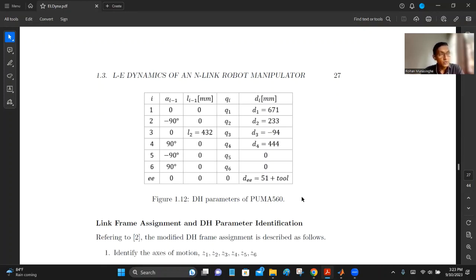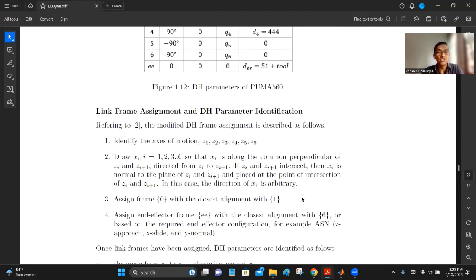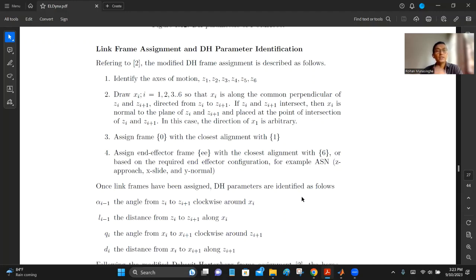Not only that, you need to have the masses, inertias, and all that. For that, what Professor Khatib and his students did a long time ago is they took this manipulator and removed it link by link, and then measured the inertia using various techniques.